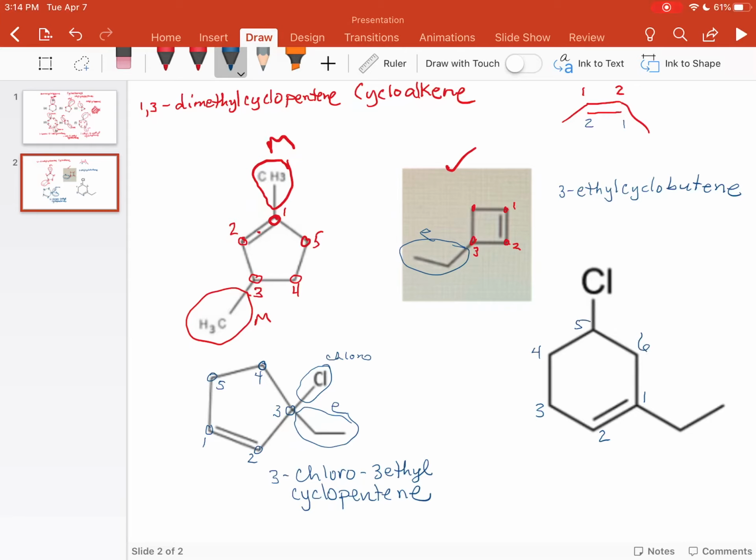So the name of this, I have an ethyl group here and a chloro group here, would be 1-ethyl, 5-chloro, cyclo, there are 6 carbons, hexene.